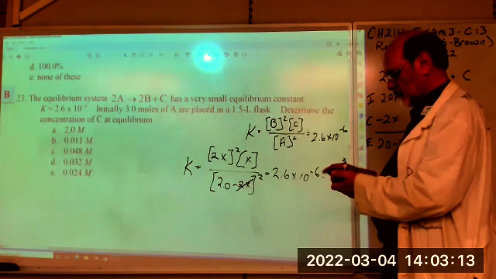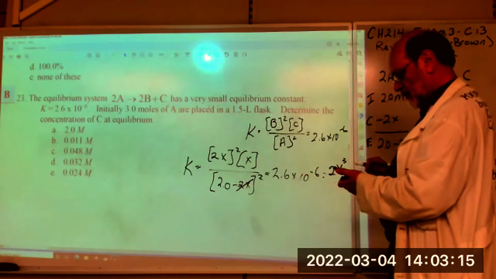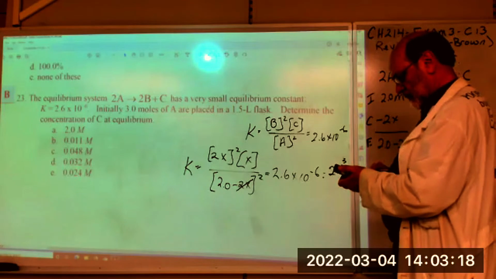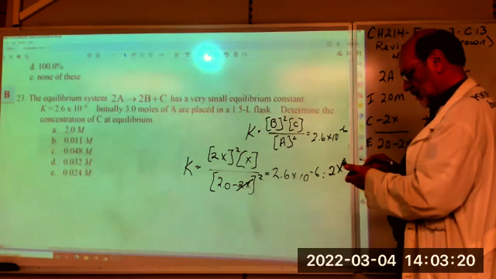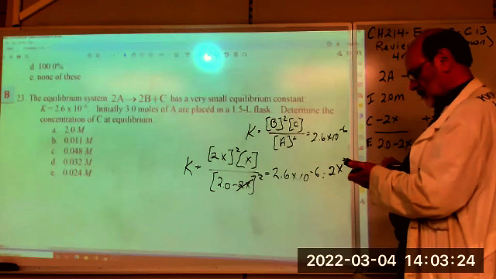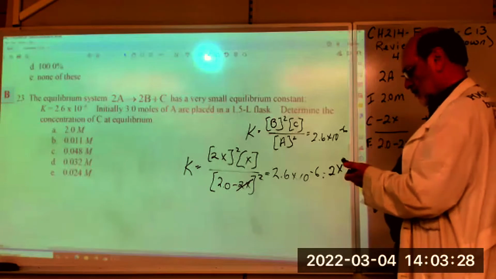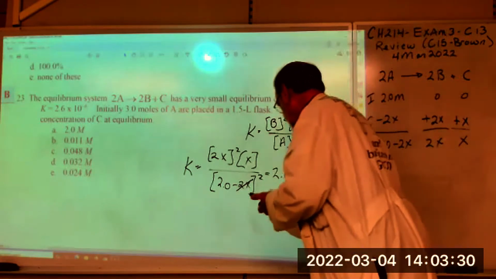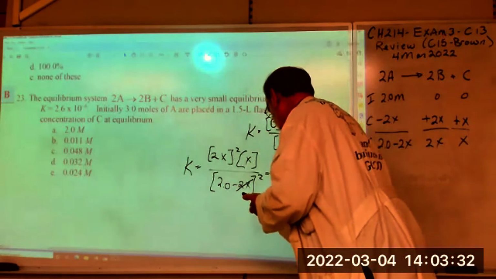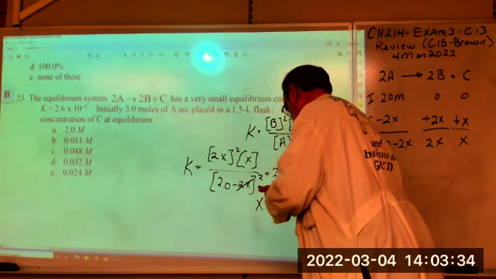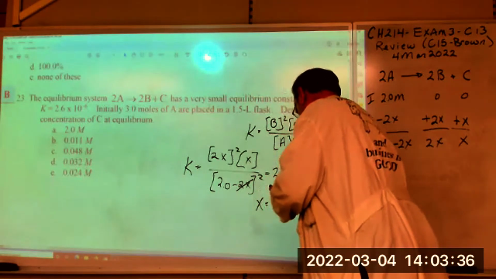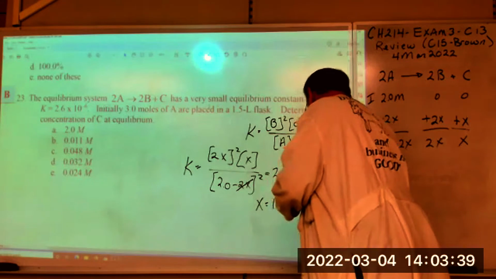The cube root of this would be that to the 1/3 power. So we'll say 1 enter 3 divide and then take it to the power. And I get x equals 1.09 times 10 to the minus 2 molar.